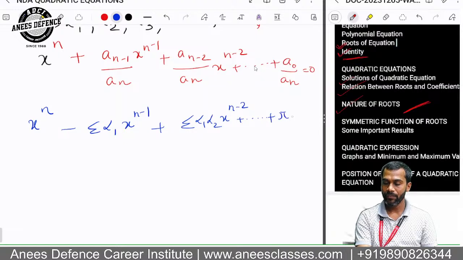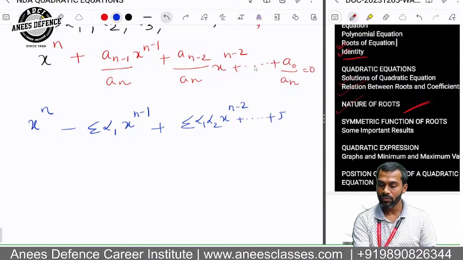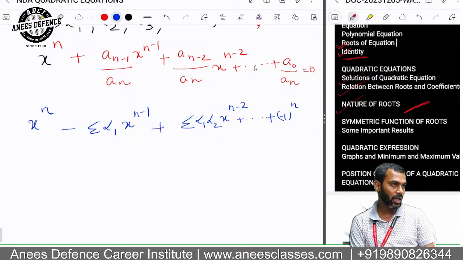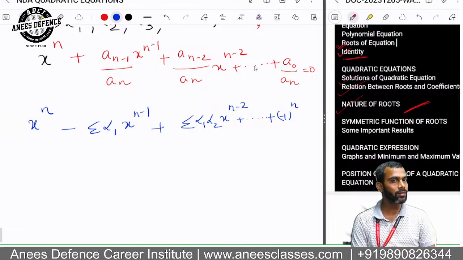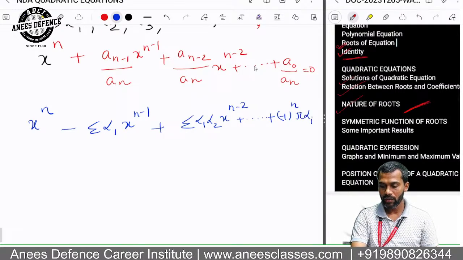And here minus 1 raised to n times product of alpha i is equal to 0, because if degree is odd, the last term would be negative, and if it is even, then positive.